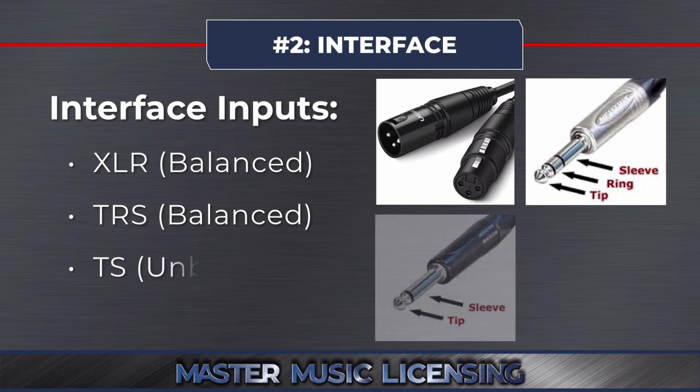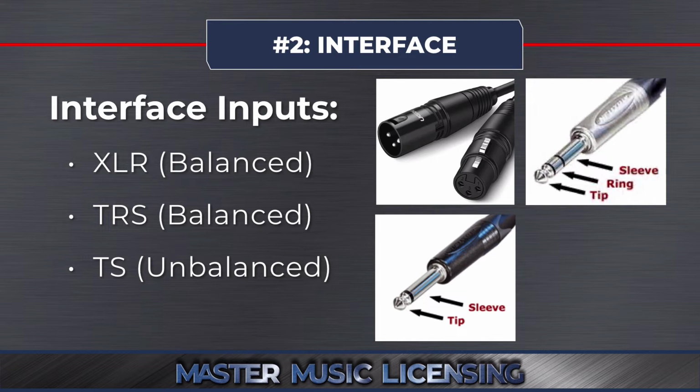Now your interface may have what's known as unbalanced quarter inch inputs and outputs. These are what we're familiar with. If you're a guitar player, you're familiar with these. If you're a keyboard player, these are probably the most common quarter inch cables that you see all over the place. All right. And it's just a tip sleeve. That's what the TS stands for. And these are unbalanced.